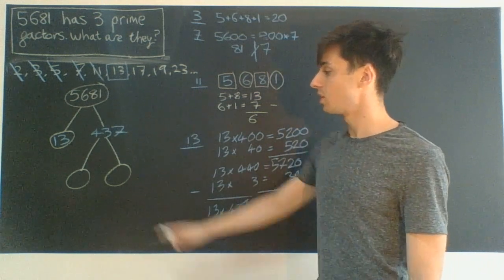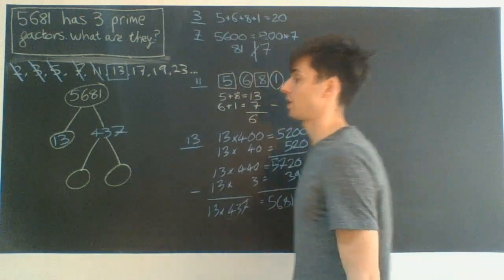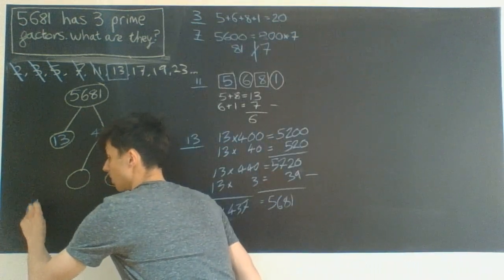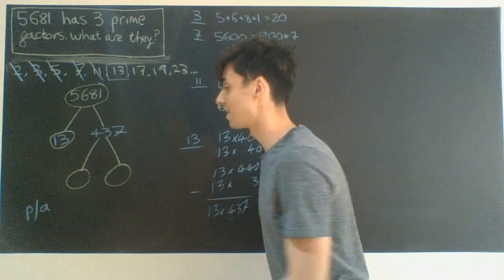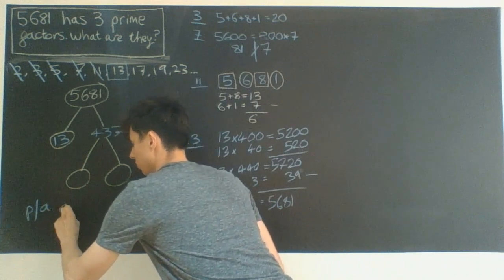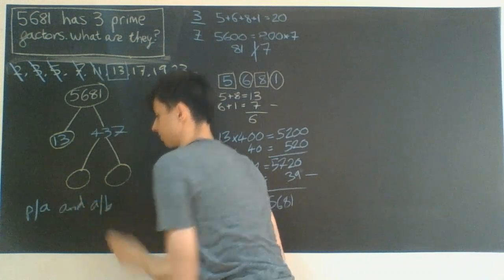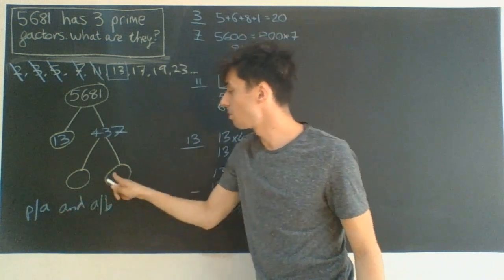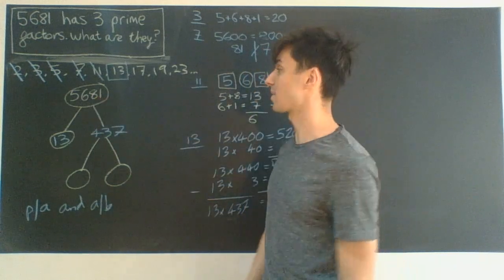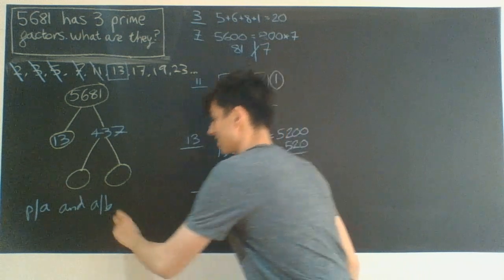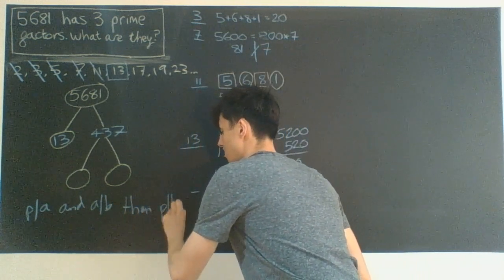And 437, the good thing for us is that any number that goes into 437 must also go into 5,681. This is a really nice visual representation of this idea in number theory that goes like this. If a prime number divides some number a, so p divides a, and a divides b, so if our prime number divides 437 and 437 divides 5,681, then we can say p divides b.